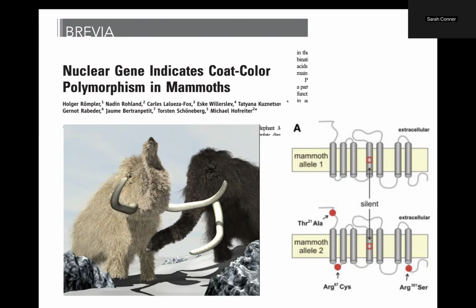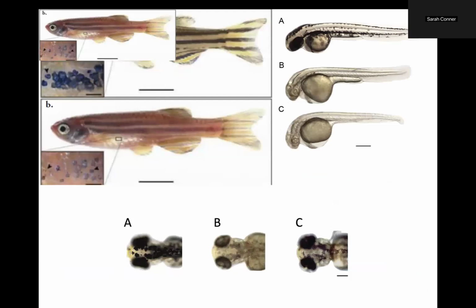It has that silent receptor versus the non-silent receptor, depending on which amino acid is included. And then you get things like different colored fish, which is what you were doing for your assignment today.